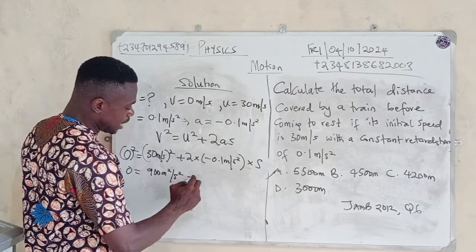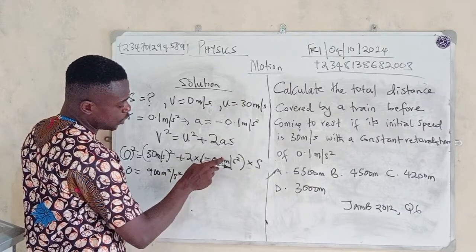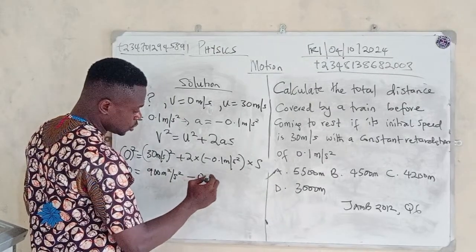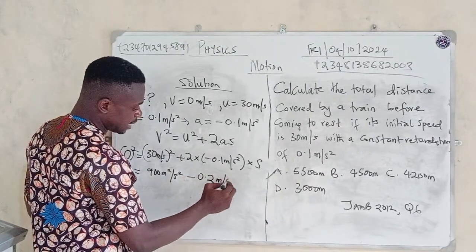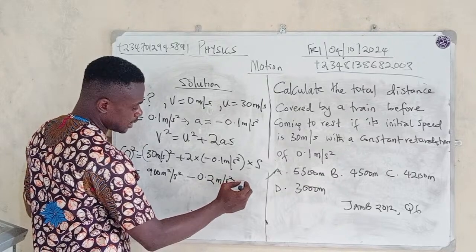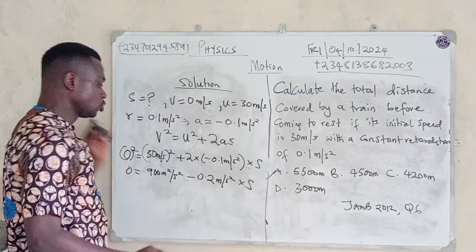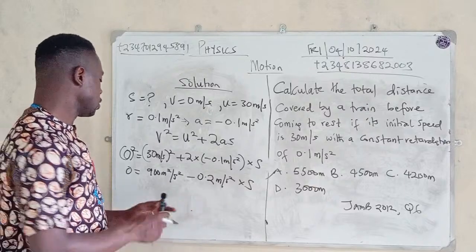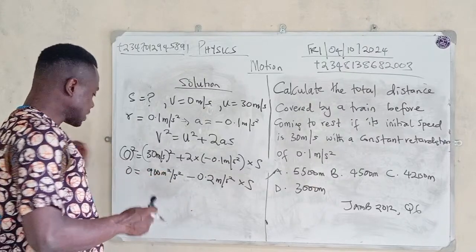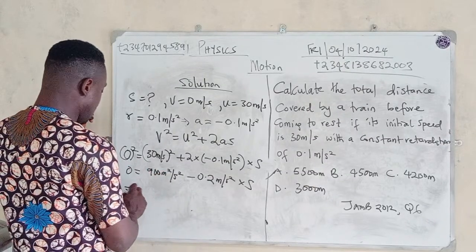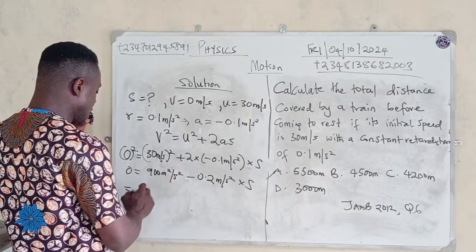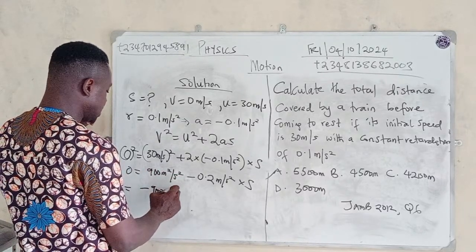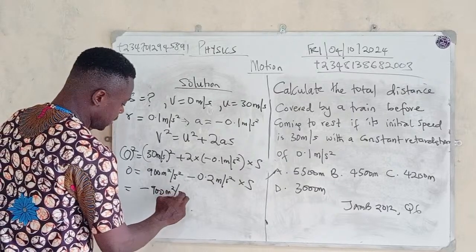So it becomes minus 2 times 0.1, which is 0.2. So minus 0.2 meter per second squared times S. To make this S, we move this one to the other side. If it comes here, it becomes minus. We now have minus 900 meters squared per second squared.